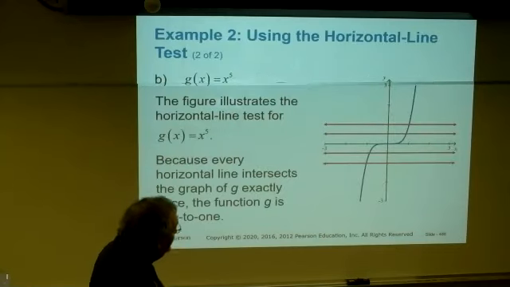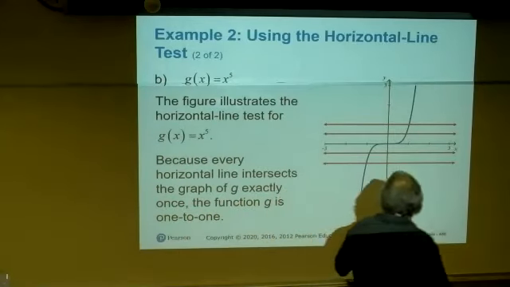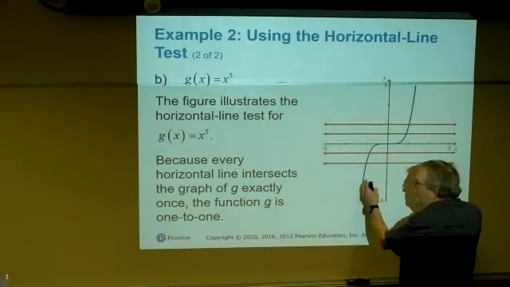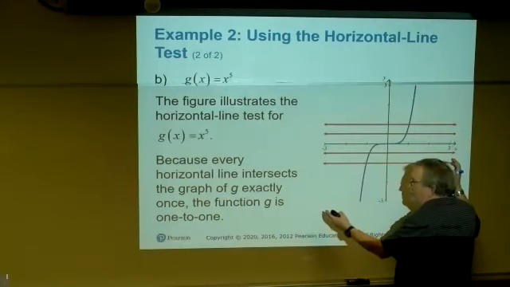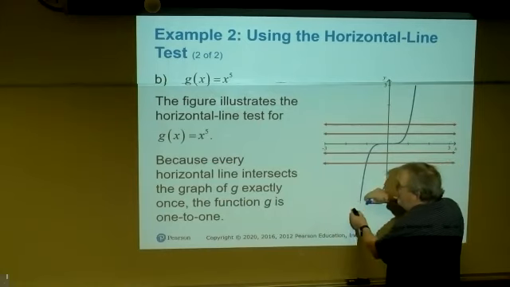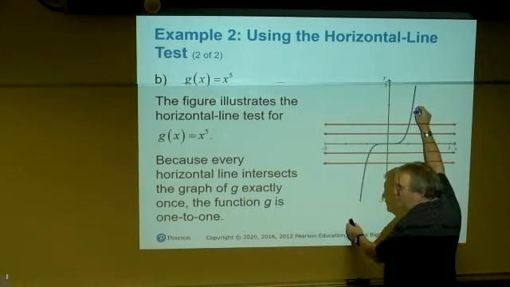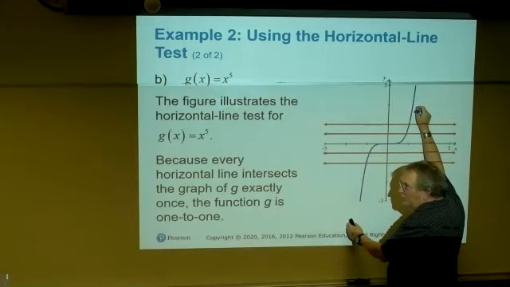Backing up here, this is increasing over its entire domain, but this function is always increasing. So one-to-one functions are either always increasing or always decreasing.